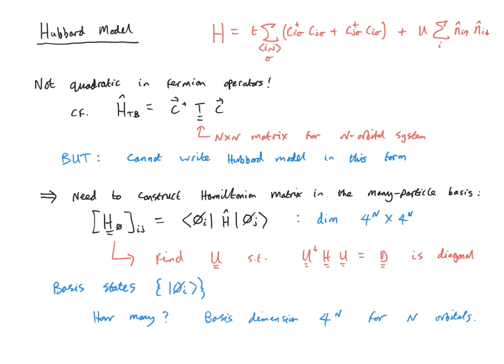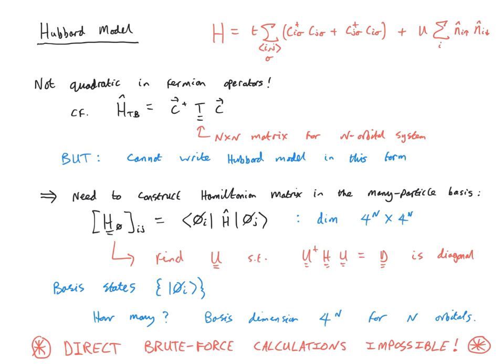If I have a 3 by 3 by 3 cube on this 3D cubic lattice, that's already 27 sites. That's already beyond the state of the art, and that is not really much of a lattice at all. So the curse of dimensionality, as it's called, prevents us from doing a direct brute force calculation. So we need to be much more clever to understand what's going on in these systems.